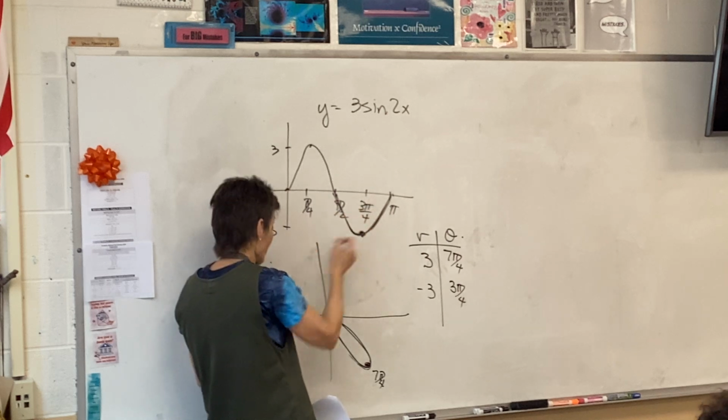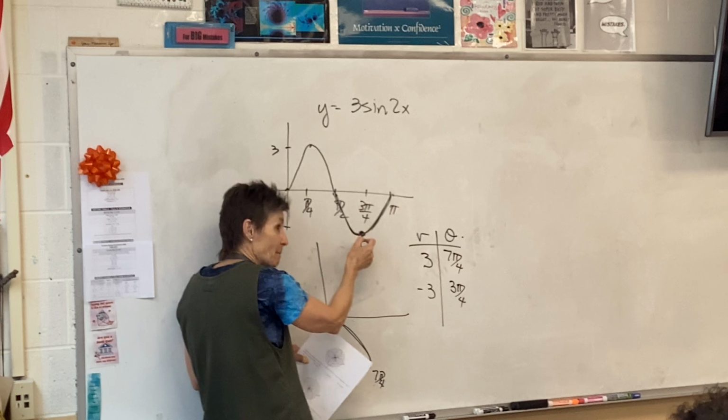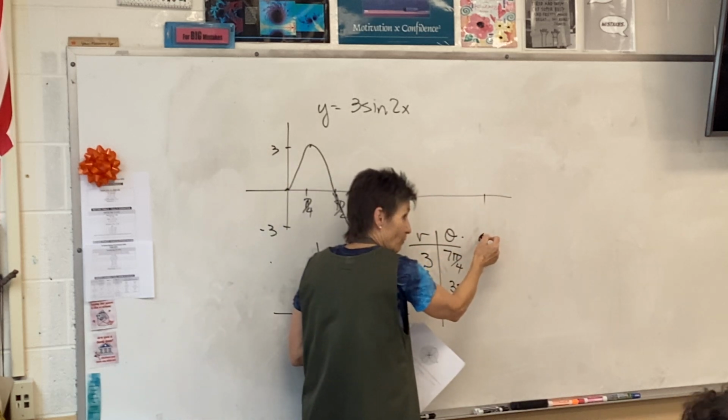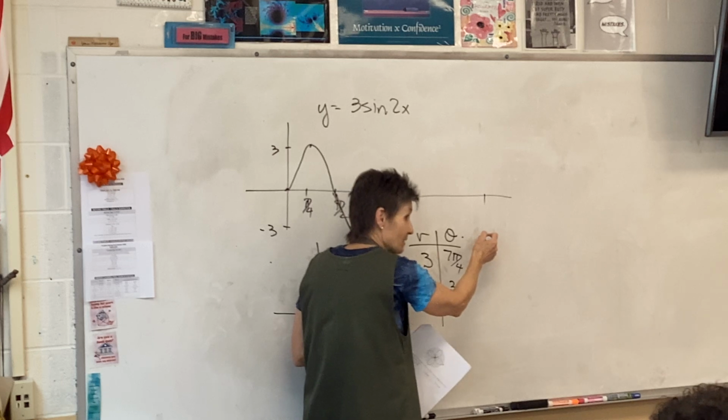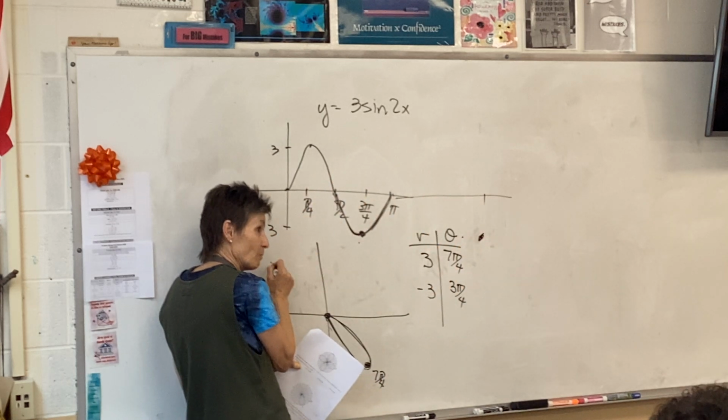See, there's no point plotted, it's actually literally at 3 pi over 4 here, because that came out negative. But if I do another period, at 7 pi over 4, it's going to be negative again, and that's gonna flip me back to 3 pi over 4.